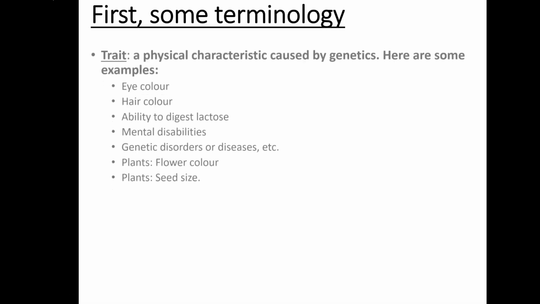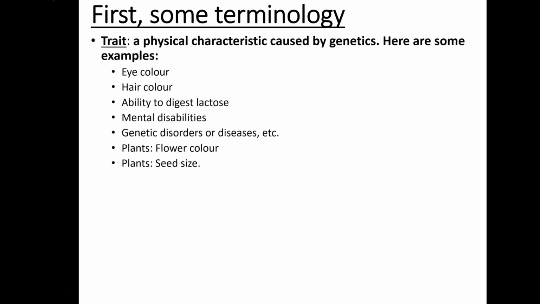So first we need to discuss some terminology. We're going to be learning a lot of different terminology in the genetics unit. The first term that we need to make sure we understand is the term trait. Most of you know that a trait is a physical characteristic that is caused by your genetics. Here are some examples: your eye color, your hair color, your ability to digest lactose.